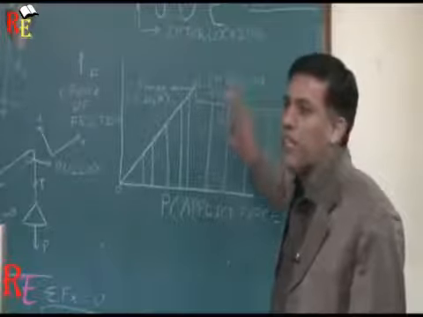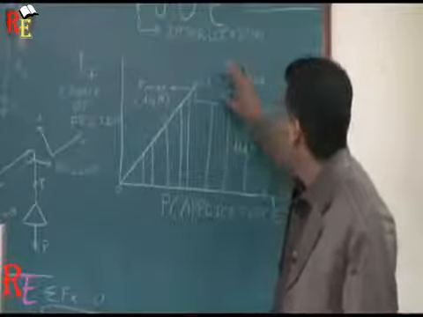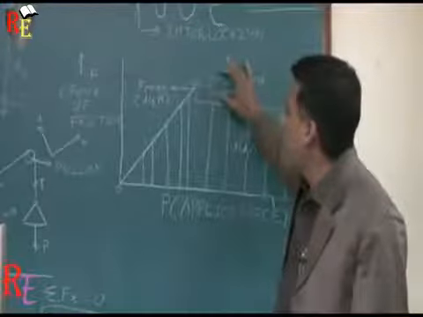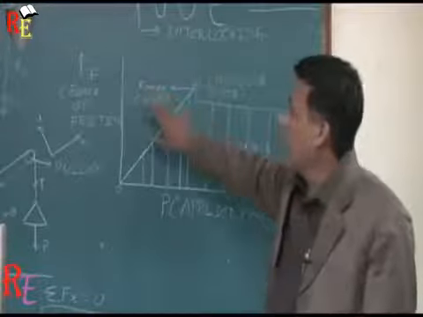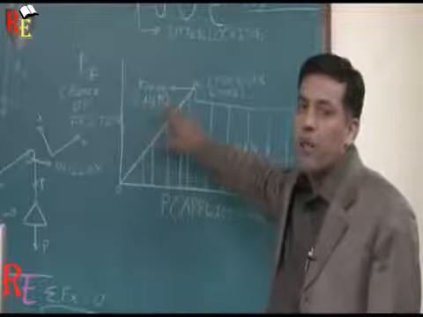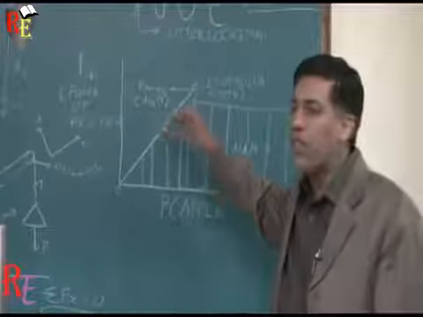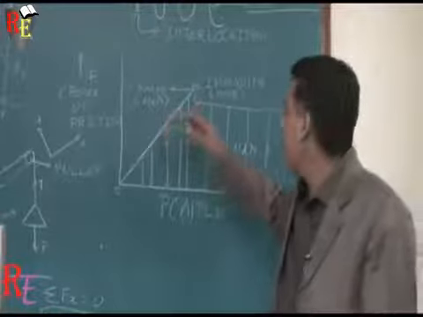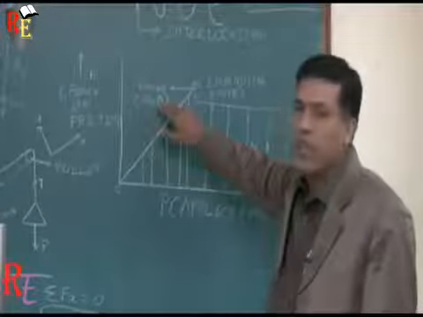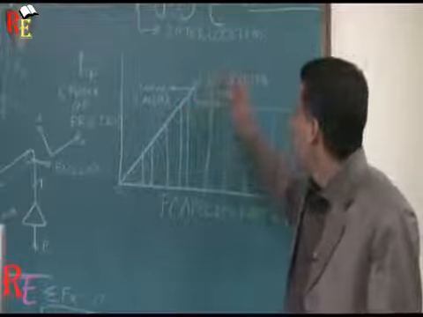At the impending state, the force of friction has the maximum value, and that maximum value is mu s N, where mu s is the coefficient of static friction between the two surfaces in contact, and N is the normal reaction.